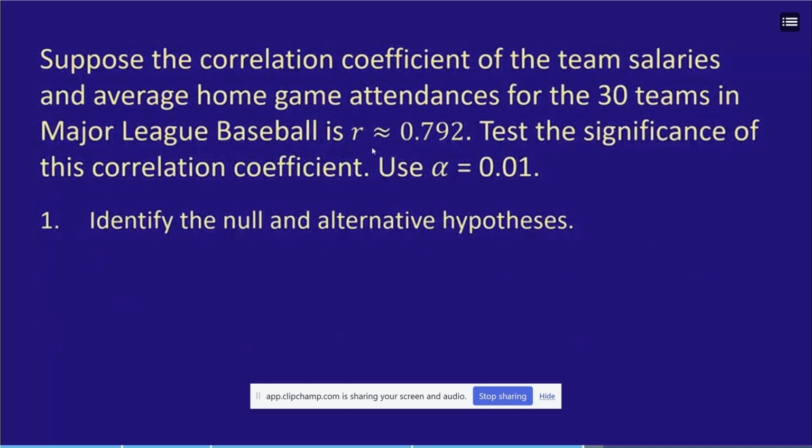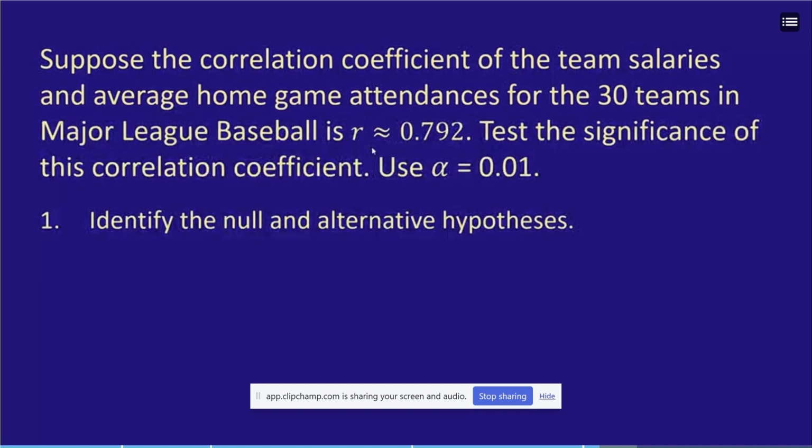Suppose the correlation coefficient of the teams' salaries and average home game attendances for the 30 teams in Major League Baseball is approximately equal to r of 0.792. Test the significance of this correlation coefficient, and we want to use an alpha of 0.01.